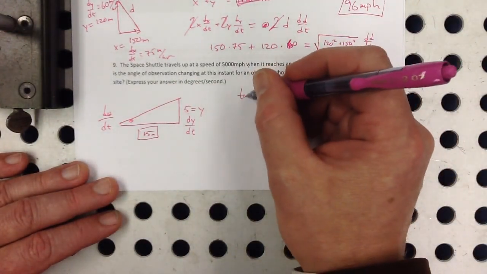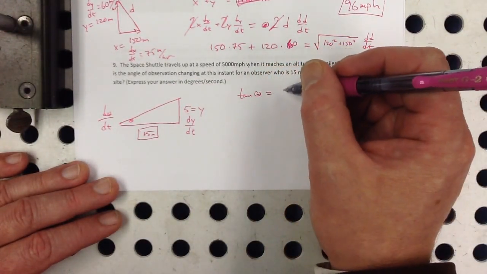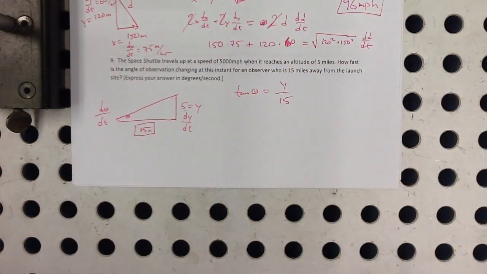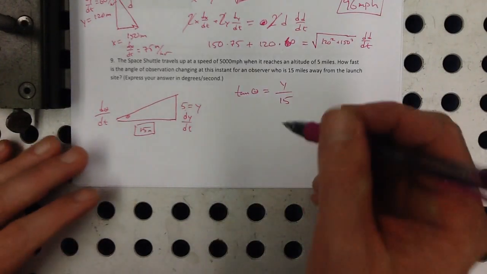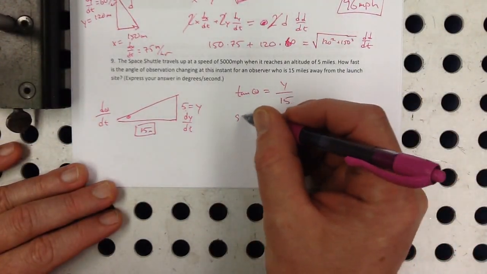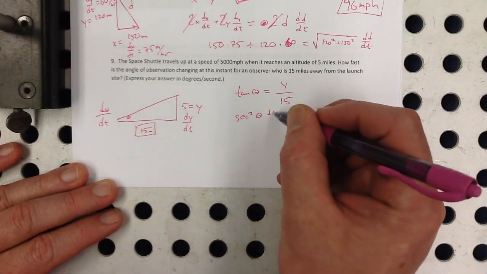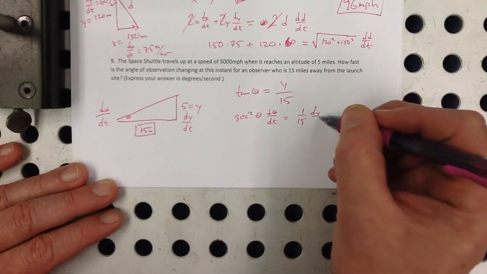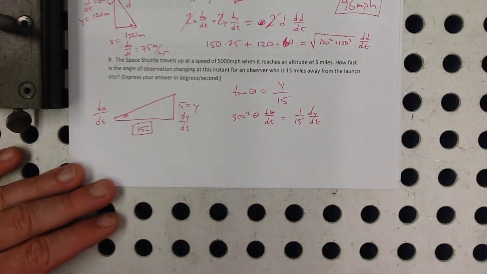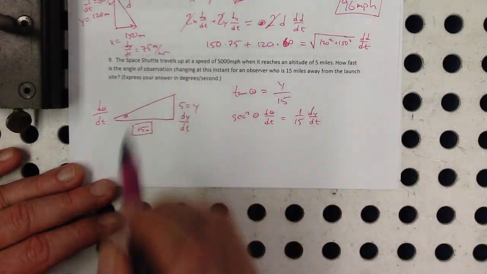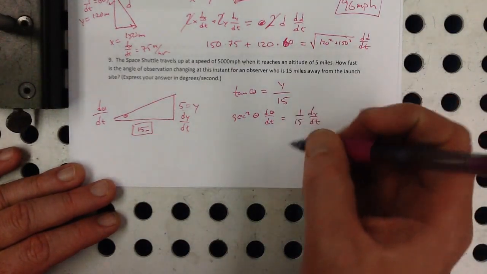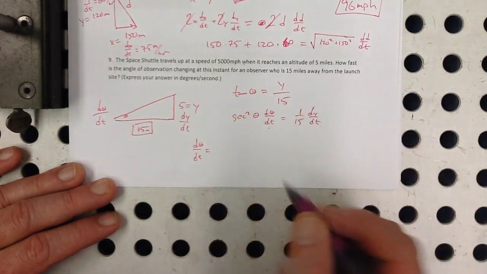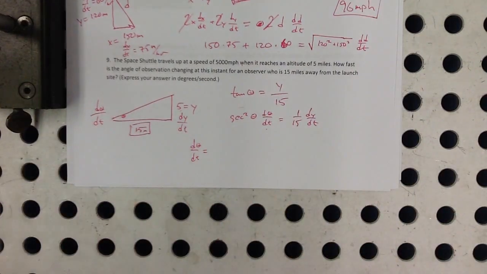So tangent theta is equal to the variable y over 15. Derivative: secant squared theta d theta/dt is equal to 1/15th dy/dt. We're trying to find the angle of observation changing. So d theta/dt equals, if I move this to the other side, it's cosine squared.